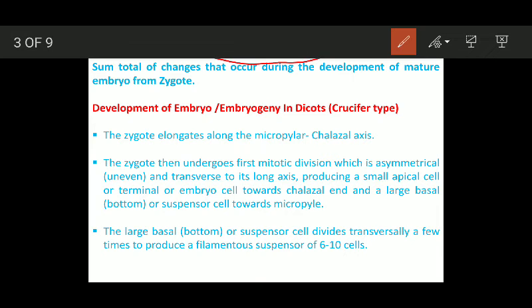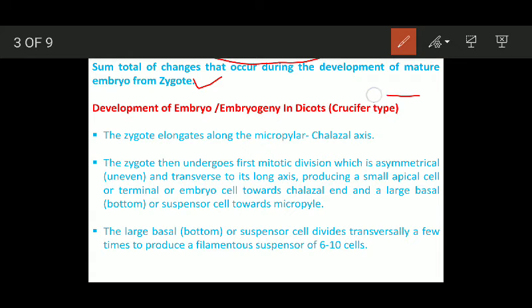Any change that takes place during the development of mature embryo from zygote, all those changes, all those steps constitute the embryogeny.